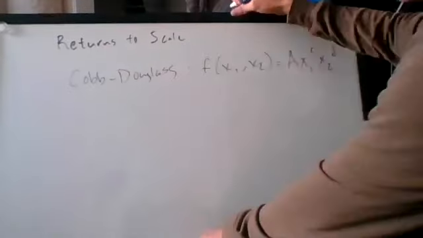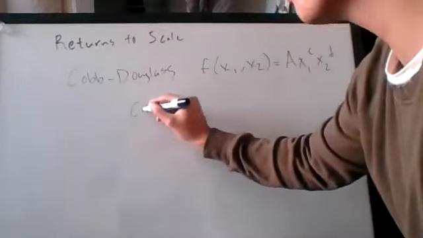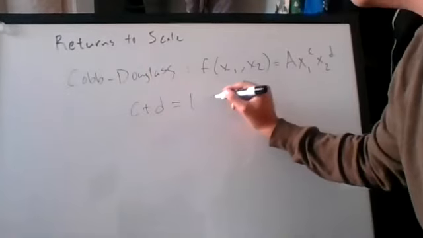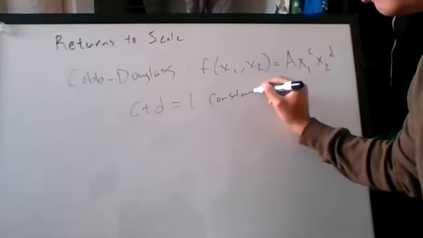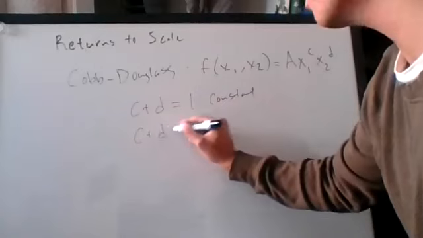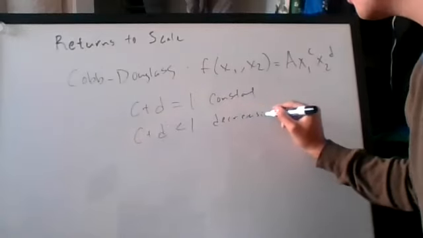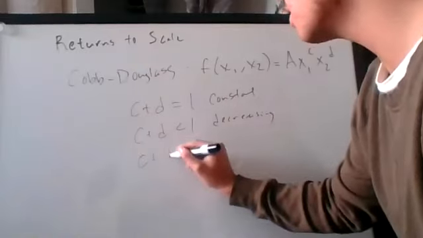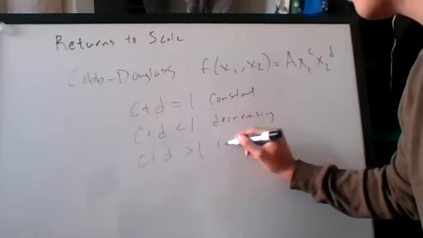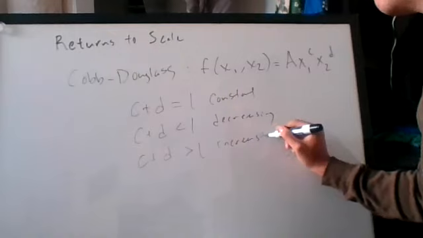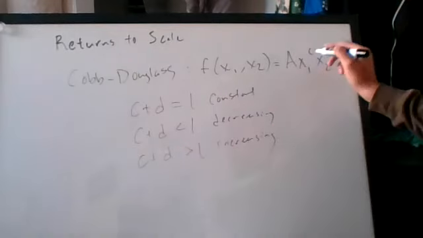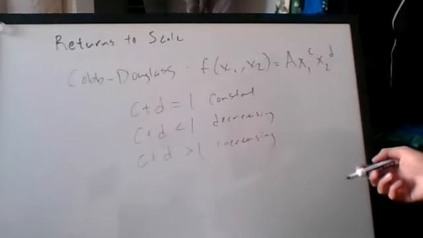If c plus d is equal to 1, we have constant. If c plus d is less than 1, we have decreasing. And if c plus d is greater than 1, we have increasing. And remember, this c plus d corresponds to the exponents of the production function, okay?